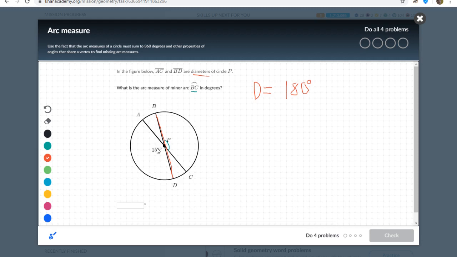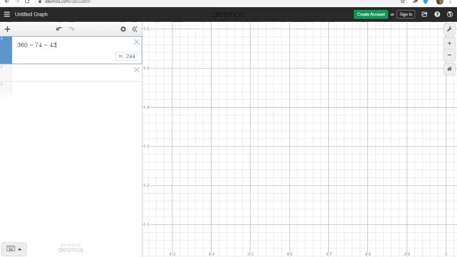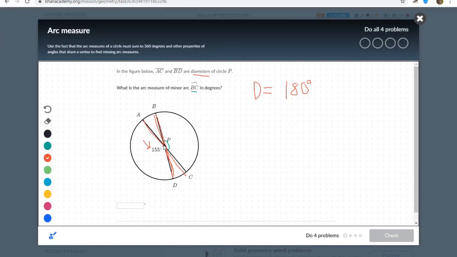Let's do 180 minus 155, and that will give us what these values equal here. So 180 minus 155, sorry. 25. So we know each piece here equals 25 degrees.